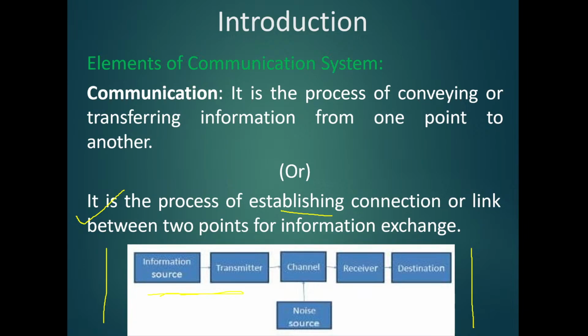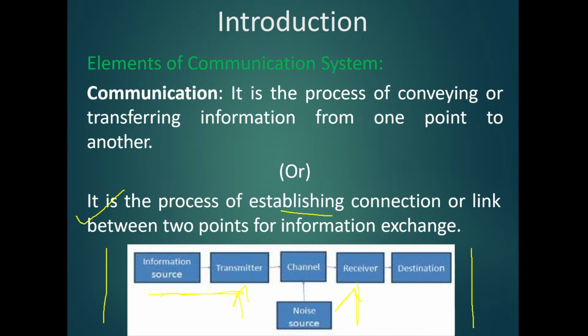Then we have a transmitter, right? The objective of the transmitter block is to collect the incoming messages, modify them into whatever format is needed, and then transmit them to the channel, right? Then we have the receiver. The receiver's function is to reproduce the original message.